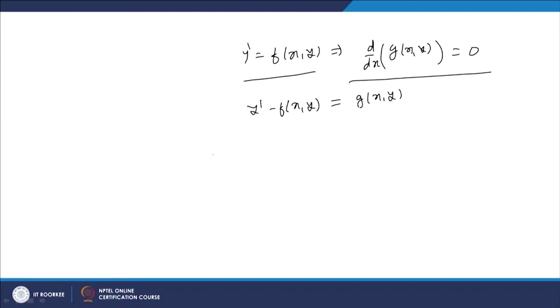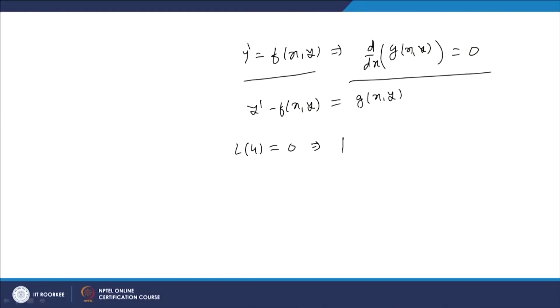Here we already know that Lu equal to 0 is not exact. Without loss of generality, let us assume that Lu equal to 0 is not exact, because if it is exact then any function is an integrating factor. So let us assume it is not an exact differential equation. So it means that p naught x u double dash plus p1 x u dash plus p2 x u is not exact.